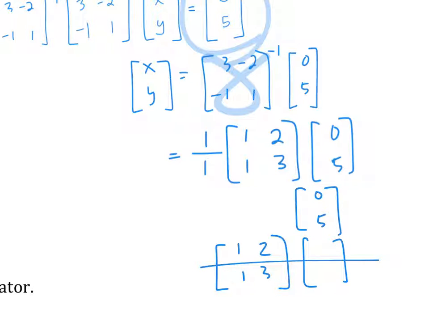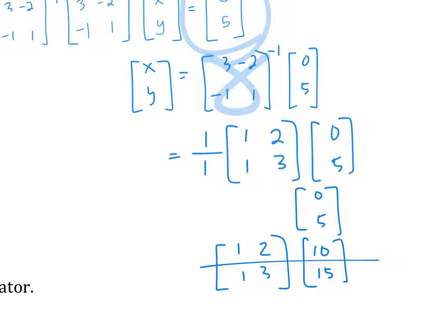No. 1 times 0 is 0. And then 2 times 5 is 10. Right? And then the second number, 1 times 0 plus 3 times 5, 15. All right, good? Okay, now let's use the calculator.